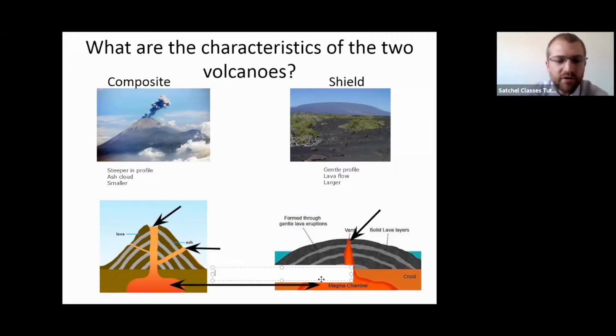So in terms of similarities, they both have a magma chamber. They both have vents. So that's a key similarity between them. Now, in terms of the differences, as soon as you look at that lava coming out of the volcano, what you might notice is that the shield volcano is made up of these different layers of lava.